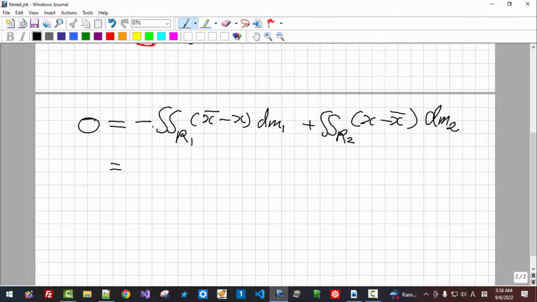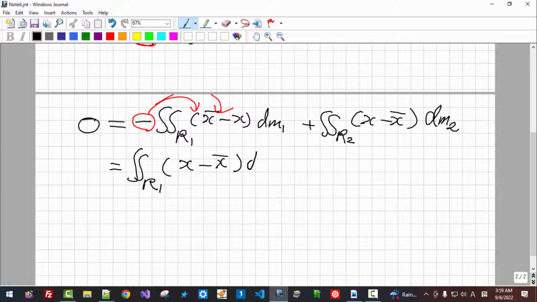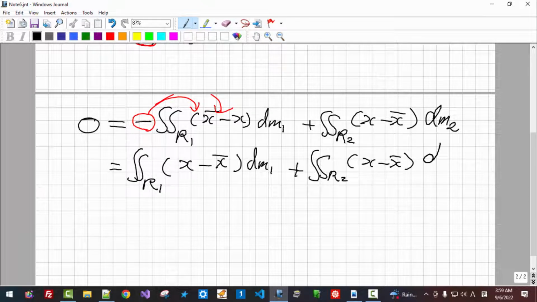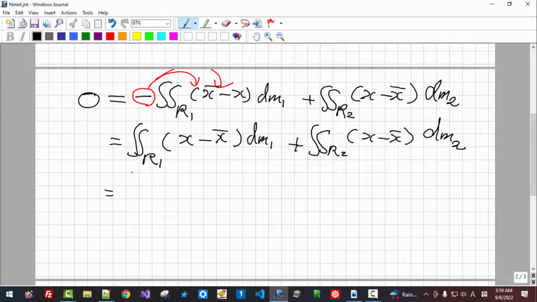Now we distribute -1 here. Then we have the integral over R1 of (x minus x bar) dm1 plus the integral over R2 of (x minus x bar) dm2. Now we distribute like this.